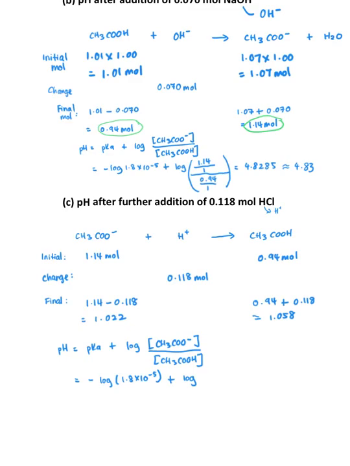So you have moles of acetate over 1 liter divided by moles of acetic acid over 1 liter. So then you have your final answer, which is pH 4.73. My answers may be slightly different from the McGraw-Hill answers, but that's just a slight difference due to rounding.